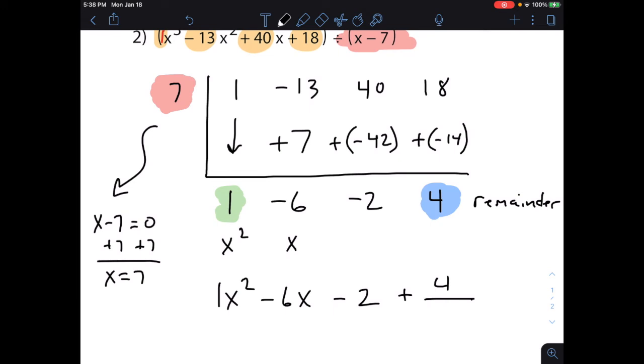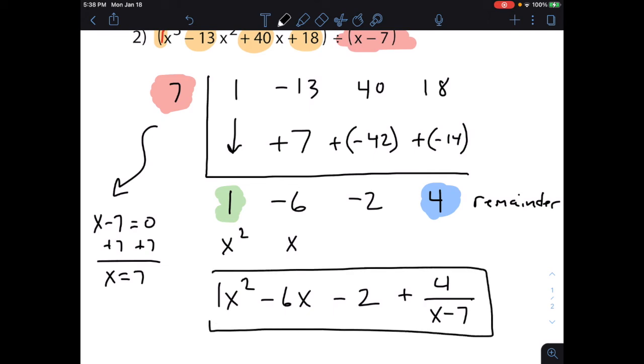And this is where I want you to be really careful, because some of you might put the 7 underneath it, but we don't want to put the 7 underneath it, because what we're actually dividing by in this problem is the binomial x minus 7. So we have to put the binomial here. So our answer is x squared minus 6x minus 2 plus 4 over x minus 7.